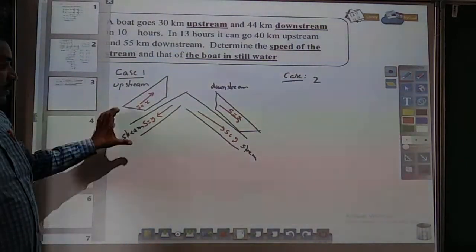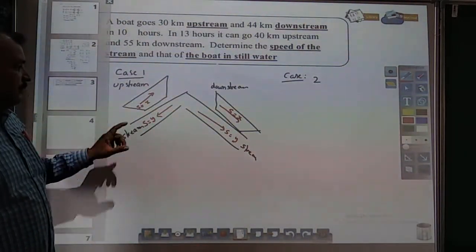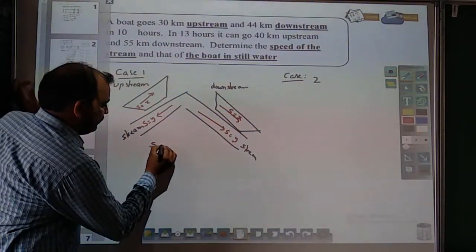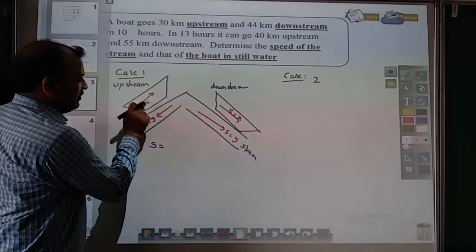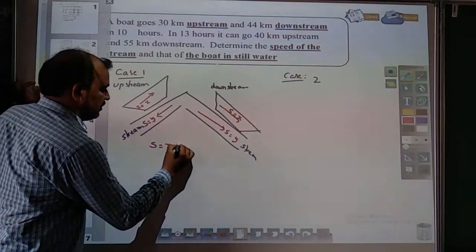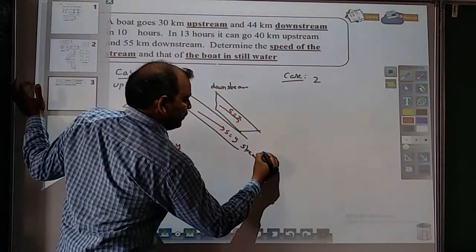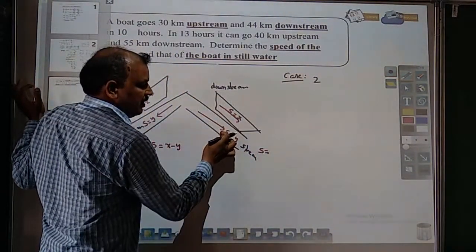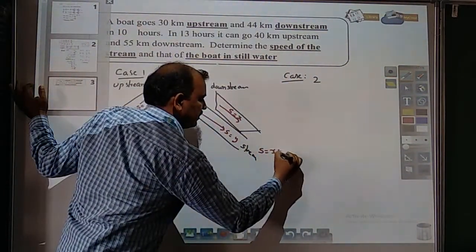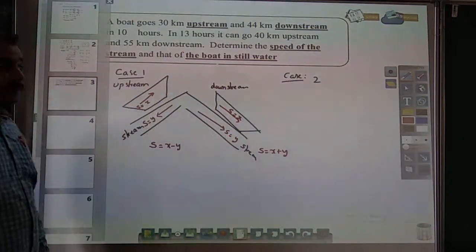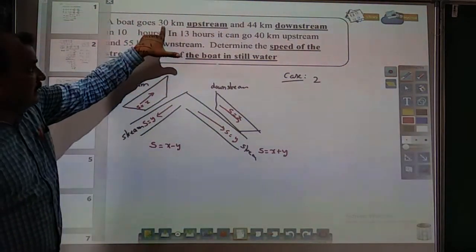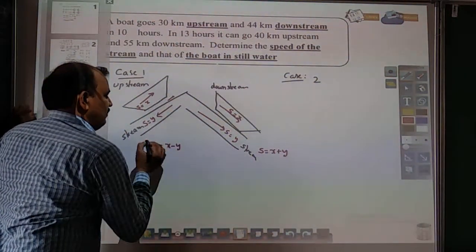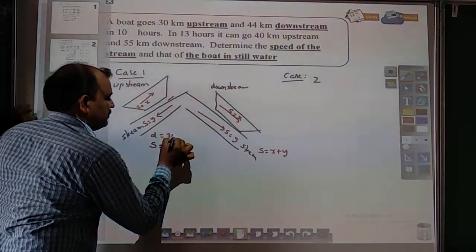According to the definition of upstream, speed of the upstream is, opposite direction, so minus will come, x minus y. Speed of the downstream is, same direction, plus, x plus y kilometers per hour. In the first case, a boat goes 30 kilometers upstream. So the distance d value is 30 kilometers.